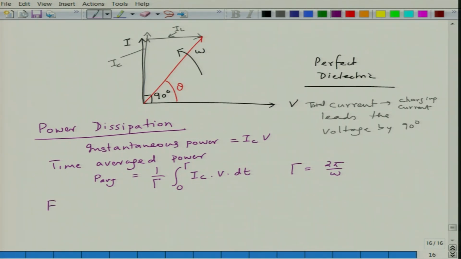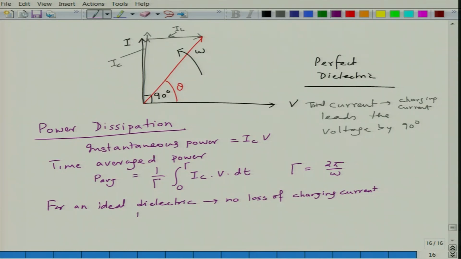For an ideal dielectric with no loss of charging current, no charges are lost. The current you have is only charging current; we do not lose it in some other form.